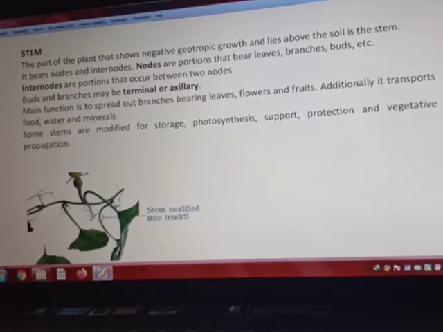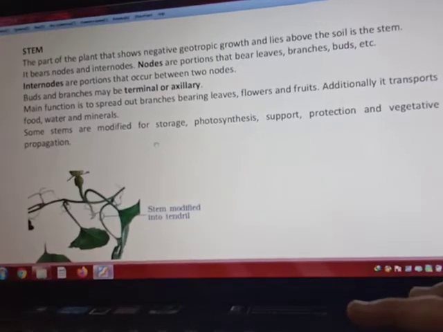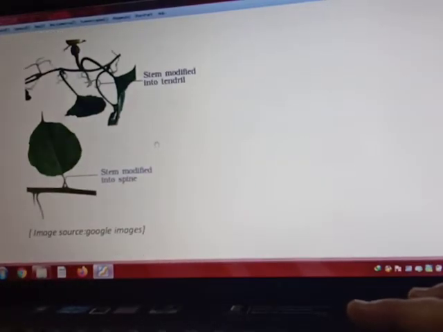If the stem is already present, why is there a need for modification? Because in some plants, it is for storage, for photosynthesis, for support and protection, and for vegetative propagation, which is a method of asexual reproduction in plants. So for all of these things, there is a need of stem modification.